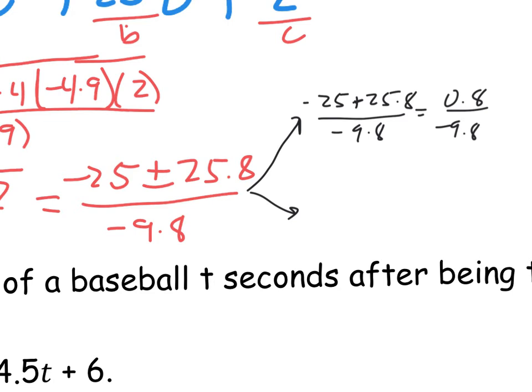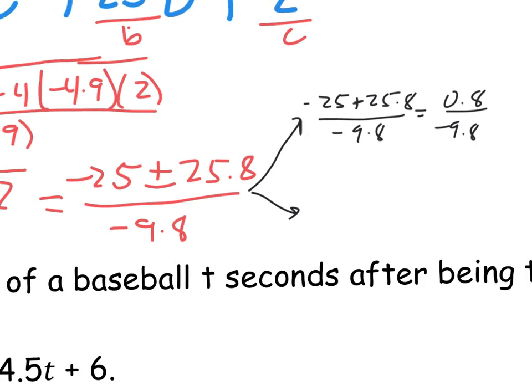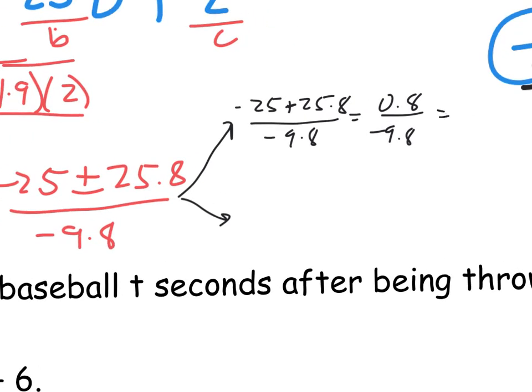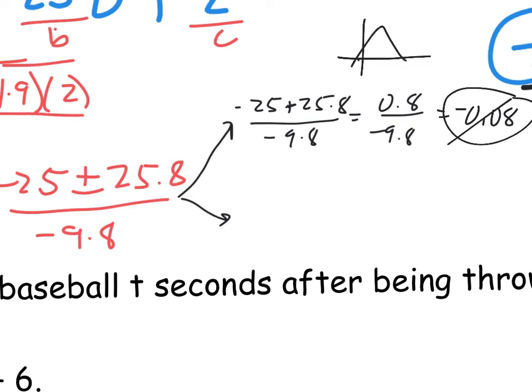So 0.8 divided by negative 9.8. I get an extremely small decimal. I get negative 0.08. That answer is not going to be right because it's negative. Like when it goes up and down, that would be the negative answer right there.